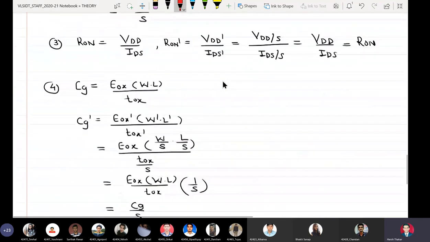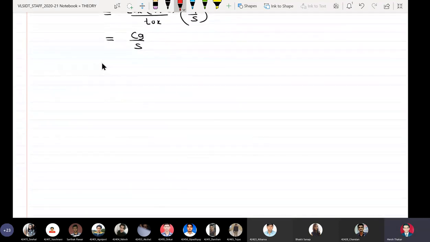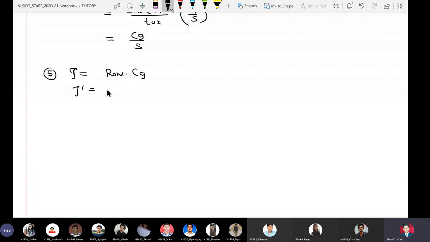Let us go to the fifth parameter, that is time constant. So tau is equal to R on into Cg. So tau dash is equal to R on dash into Cg dash.